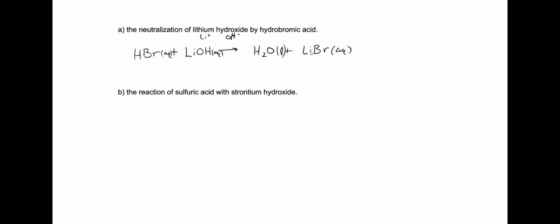Okay, the next reaction is sulfuric acid with strontium hydroxide. Sulfuric acid has formula H2SO4. It is aqueous, but I'm just going to leave that out for this reaction. Strontium hydroxide. Strontium is in group 2, so that means we would need 2 hydroxide ions because they are only -1.